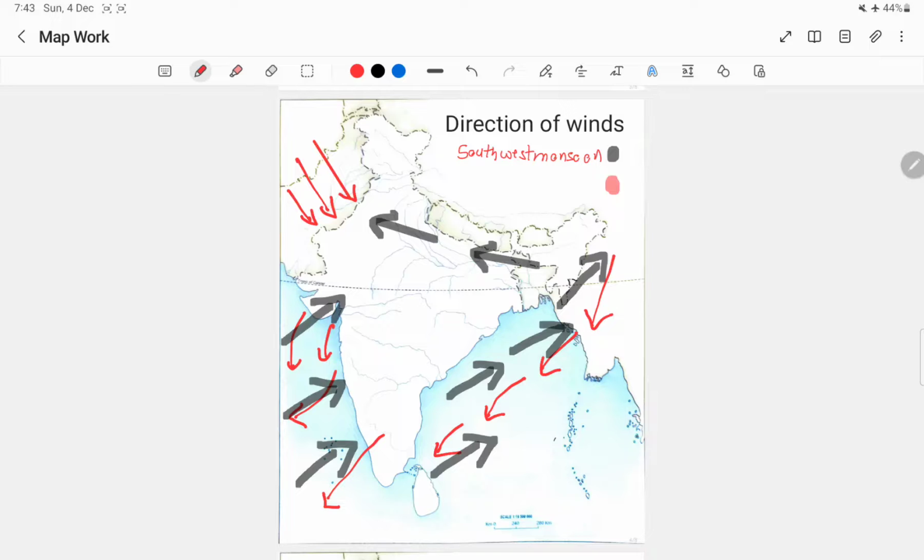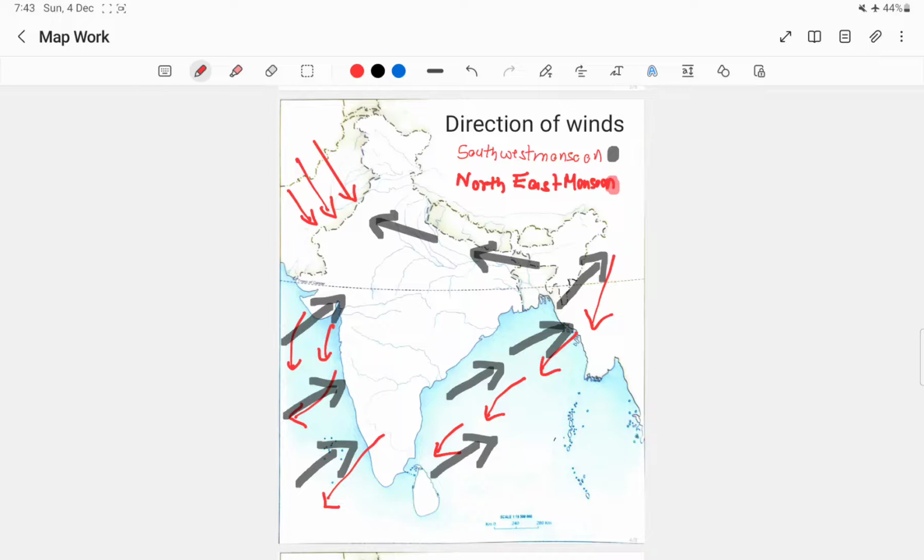So these 11 arrows will be more than enough for northeast monsoon winds, which are marked with the red color. So there ends our next topic also, that is the direction of winds.